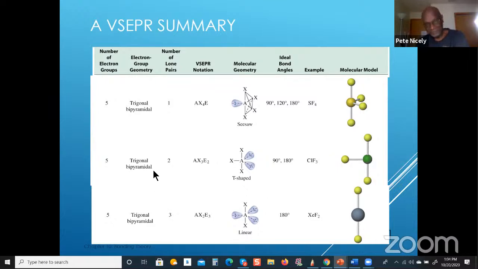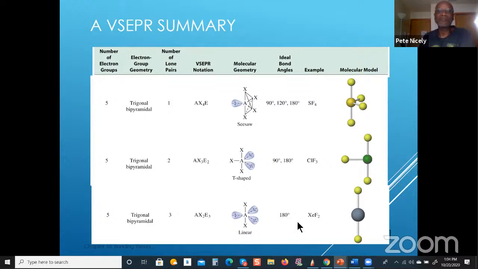And then the next we're going to look at is where we have 3 lone pairs, the same number of electron groups. This would be the VSEPR notation. Basically to get from here to the shape for this molecule, we simply remove this X, leave behind a lone pair, and we have a linear molecule where the bond angle is 180 degrees.